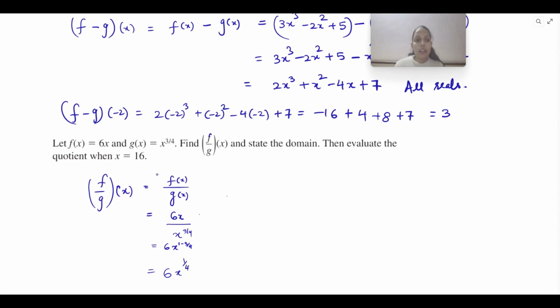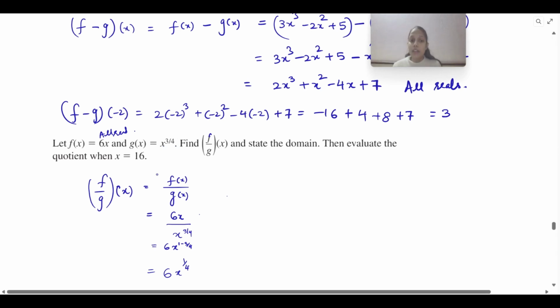Now look at the domain. Domain of fx, it's a polynomial, so all reals. And here the power is less than 1. So in this case, it does not exist when you have a negative number. But you can also see in x power 1 by 4, then it's cube.